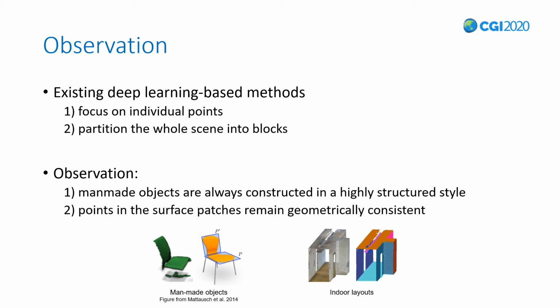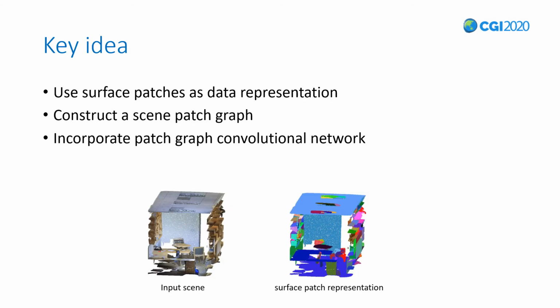The discrete sampling points in the surface patches remain geometrically consistent. Apart from dominant room layouts, the surface patches can also be identified in indoor furniture such as tables, chairs, and cabinets. They can be considered as object parts.